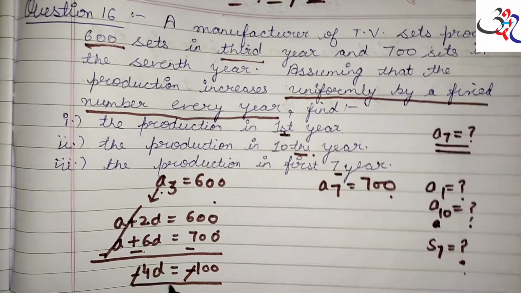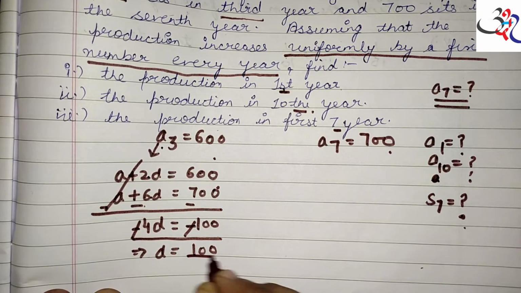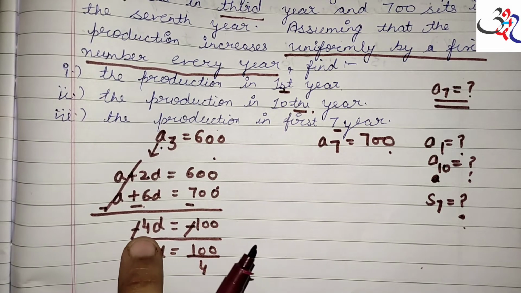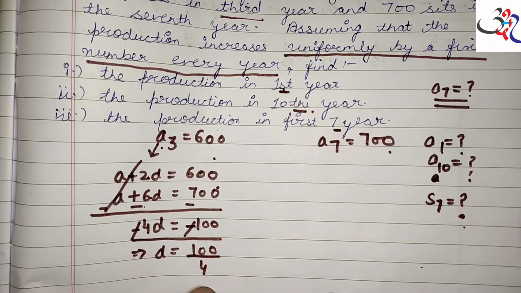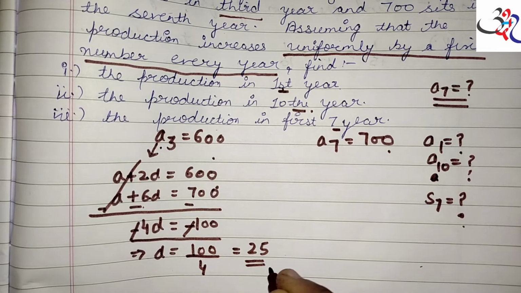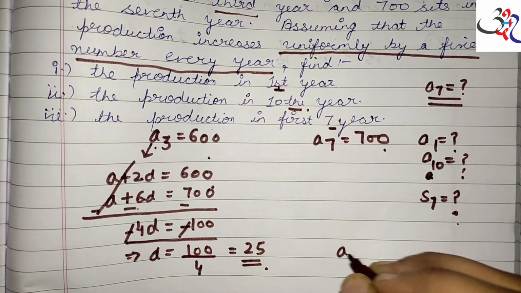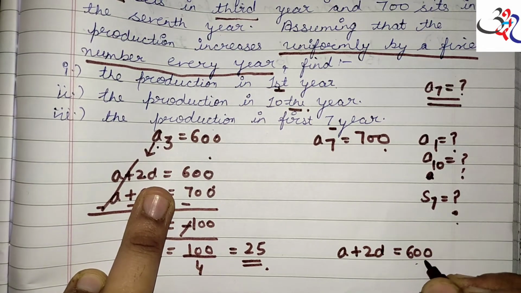So minus and minus will get cancelled out, so D will be equal to 100 by 4, because this 4 is being multiplied here. When it goes to the right hand side, it will be divided, so my answer will be equal to 25, right?